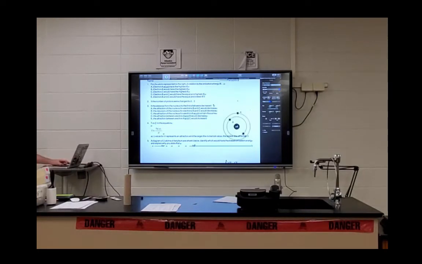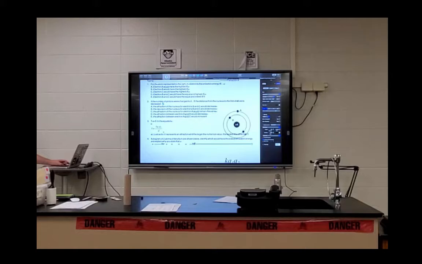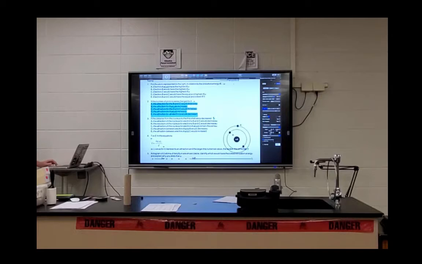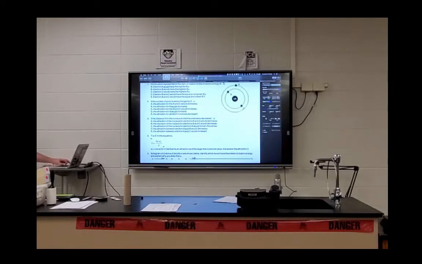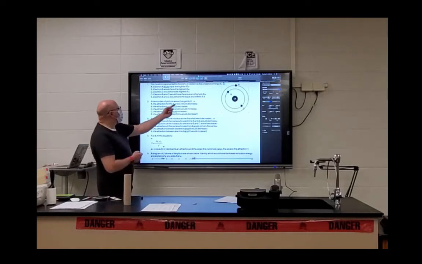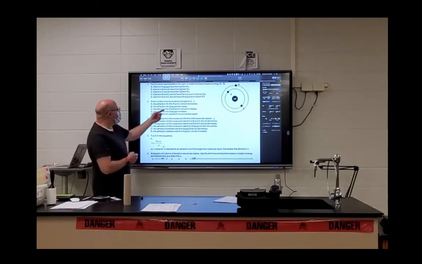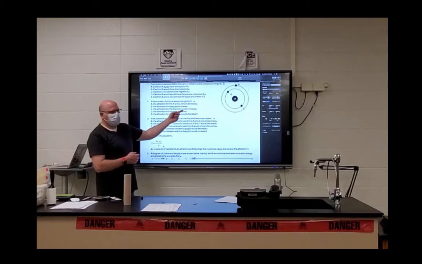So if I go back and I put those answers back in now. Would the attraction for B and C decrease? Would the attraction of A decrease? Would the attraction of B and C increase?